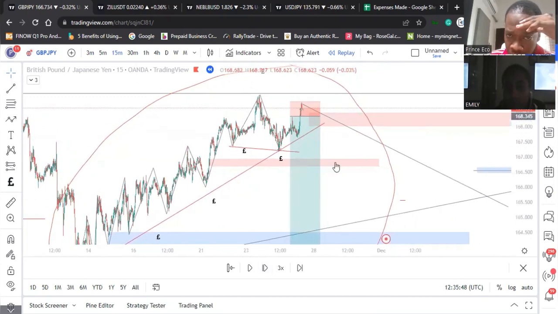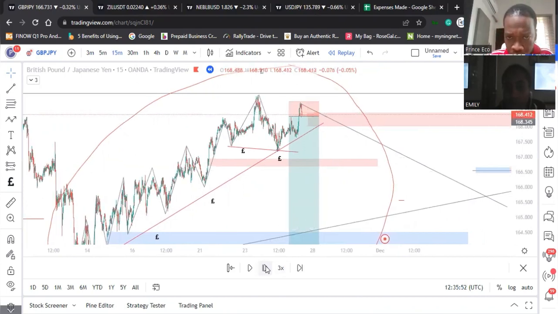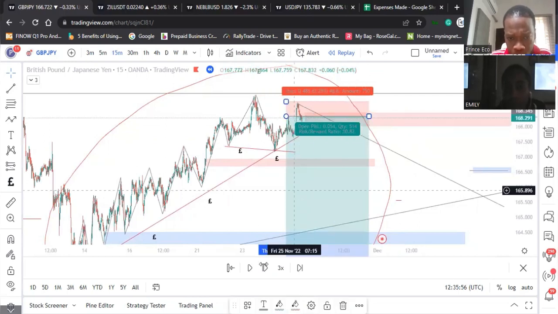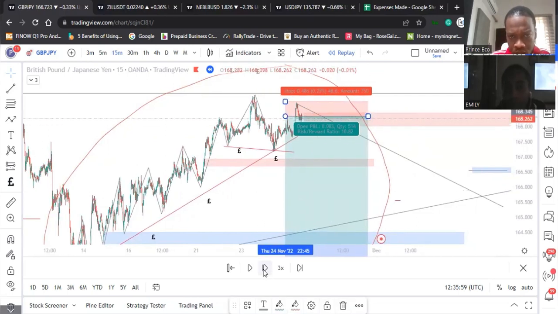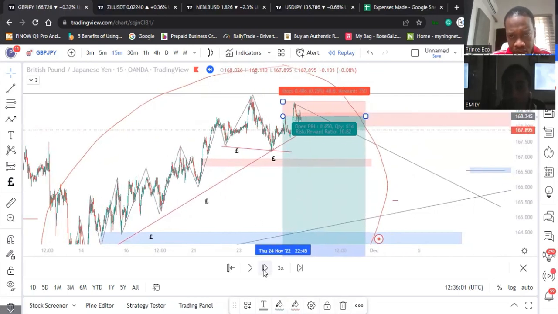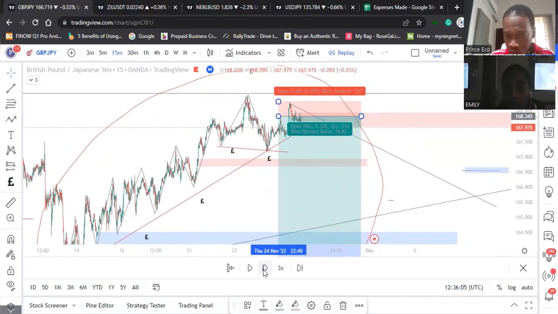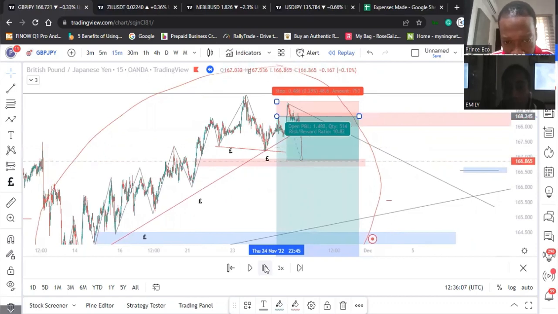Okay, that's gone to almost our stop loss. Let's see. If we lose the trade, we lose it, but we move. This is basically how I trade. If you lose, you lose. But then, okay, let's see.